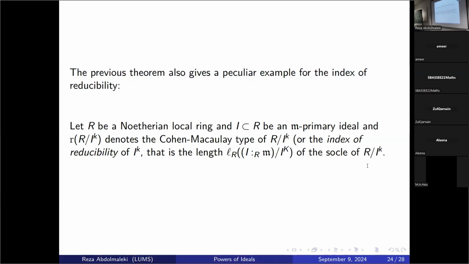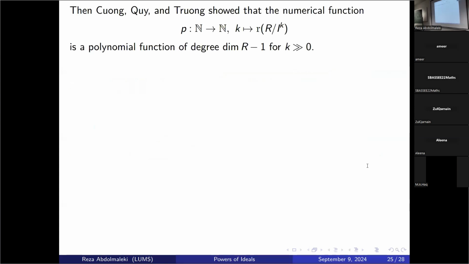So now what we have here: we could prove that, these three, Goto and Chu, showed that if we consider the Cohen-Macaulay type of this particular module as a function in k, then again this is a polynomial from a certain point, right? But again we can ask what the behavior of this particular function is for small k.